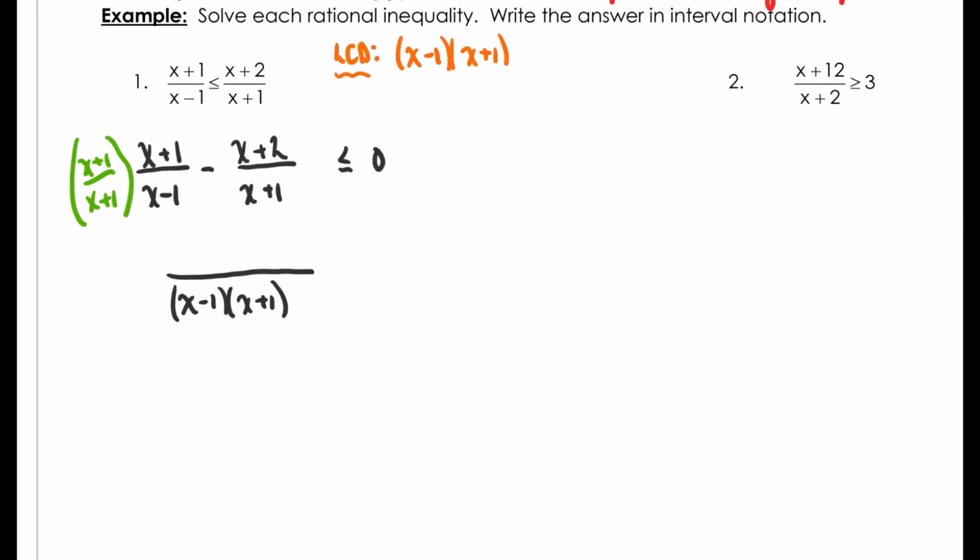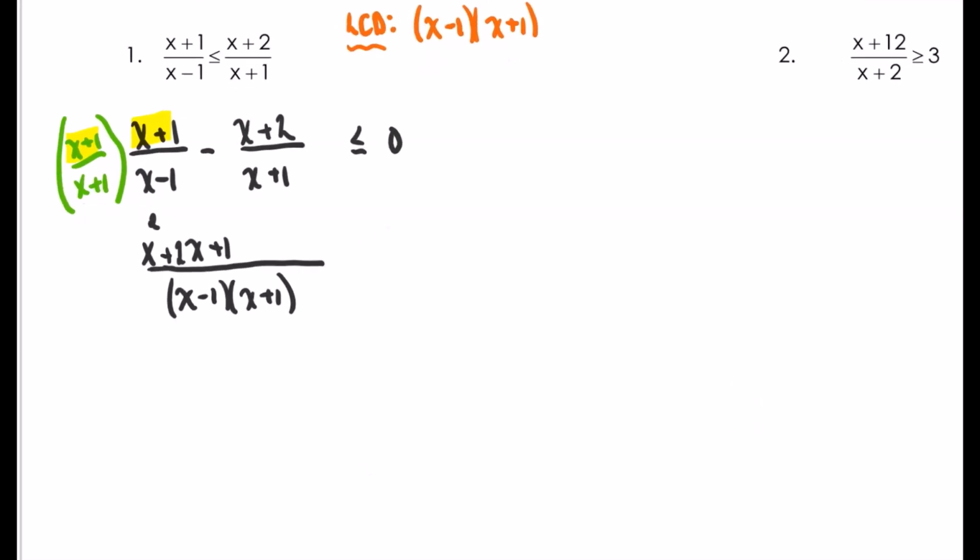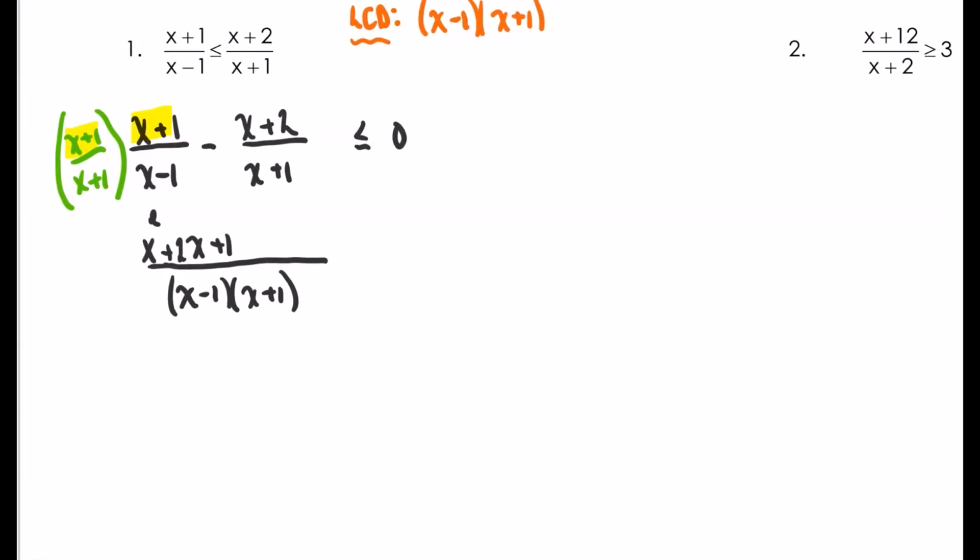So when I multiply the two numerators together, I'm going to get x squared plus 2x plus 1. Right, and then notice that my second fraction is missing the x minus 1. And so that product is going to give me x squared plus x minus 2.